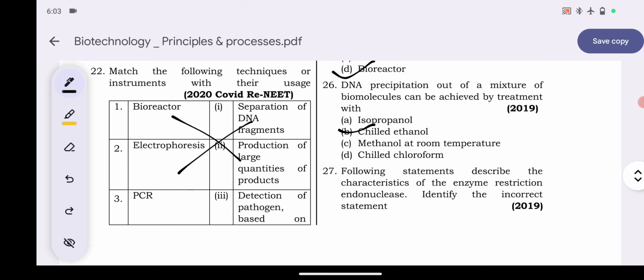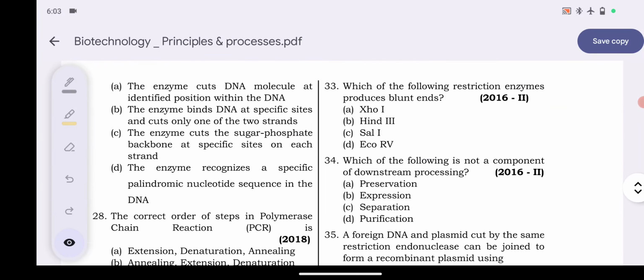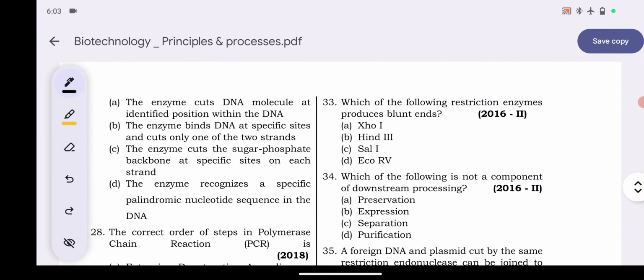Question number 27. Following statements describe the characteristics of enzyme restriction endonuclease. Identify the incorrect statement. So, come to the statements. Option A, the enzyme cuts DNA molecule at identified position within the DNA. Correct है.